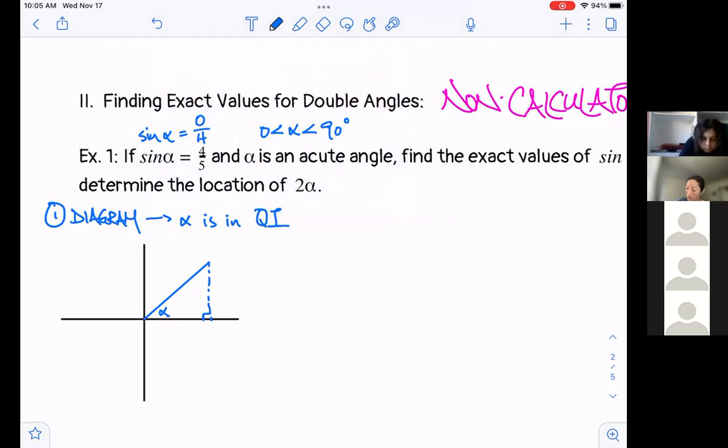Okay. Now, based on what information you have for sine alpha, where can I put some numbers, and what can I put for those numbers? For the diagonal side, you can put 5, and then for the opposite or vertical one, you could put 4. The hypotenuse.